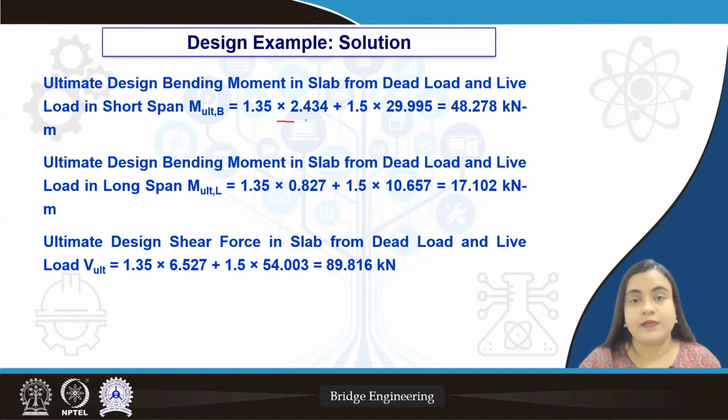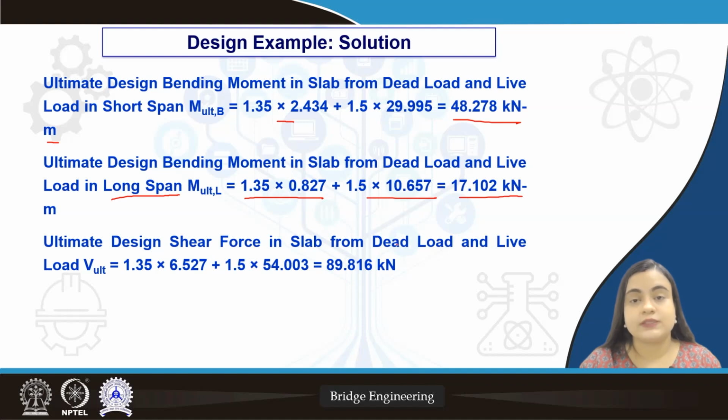So it is obtained as 1.35 times dead load bending moment plus 1.5 times live load bending moment, that is equal to 48.278 kilonewton meter. Similarly, ultimate design bending moment in the slab in the long span direction will be 1.35 times dead load bending moment plus 1.5 times live load bending moment, that is equal to 17.102 kilonewton meter.